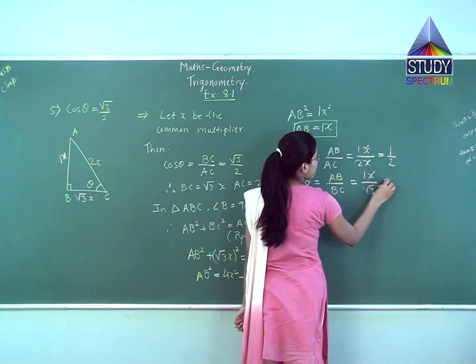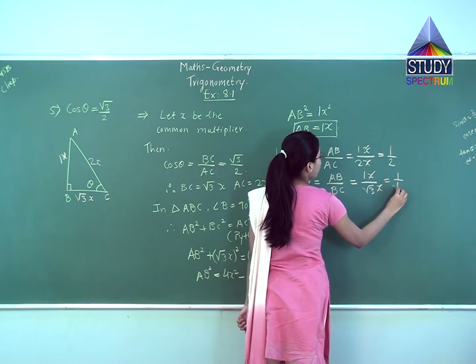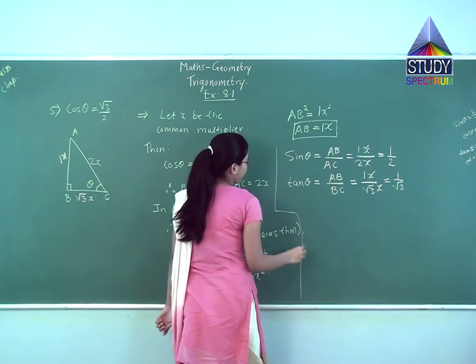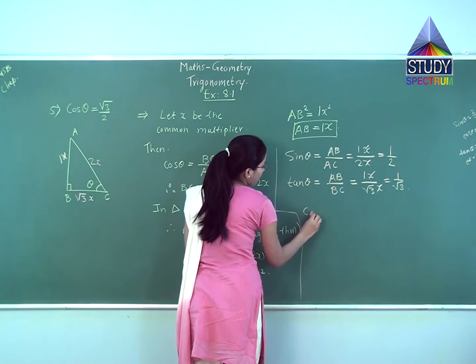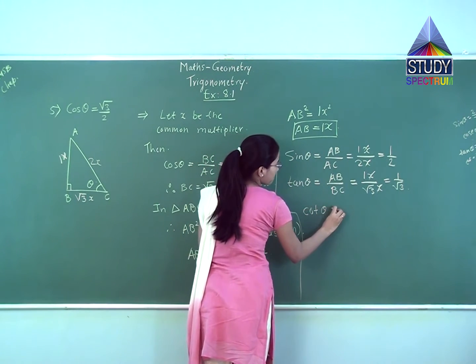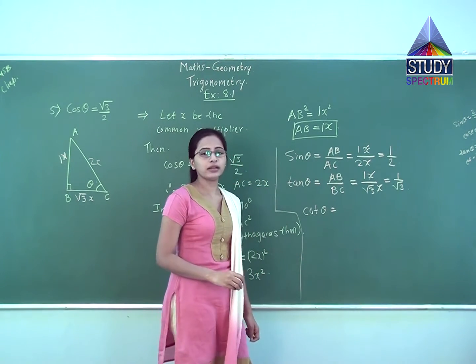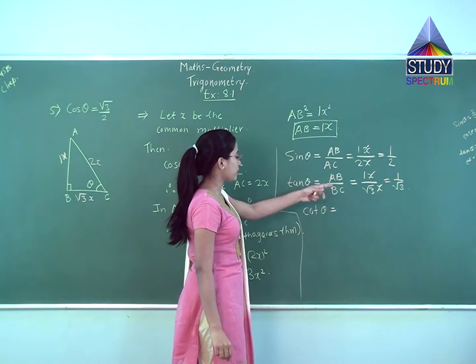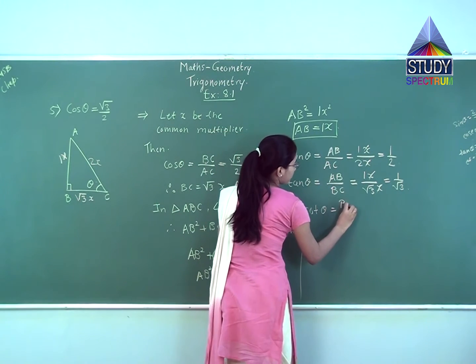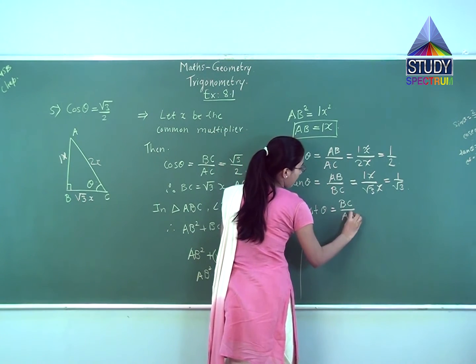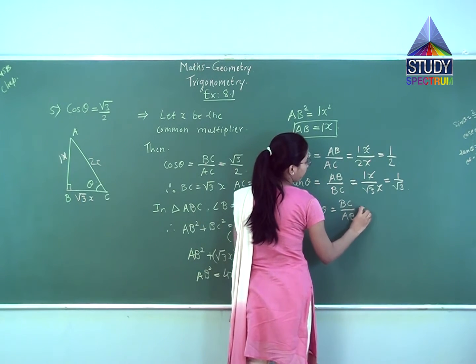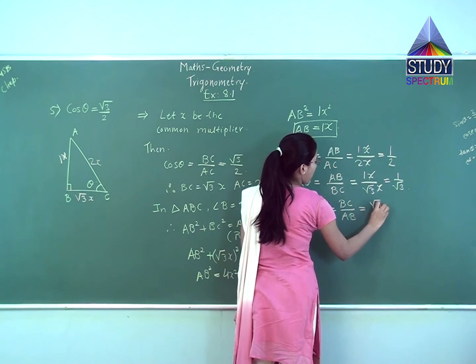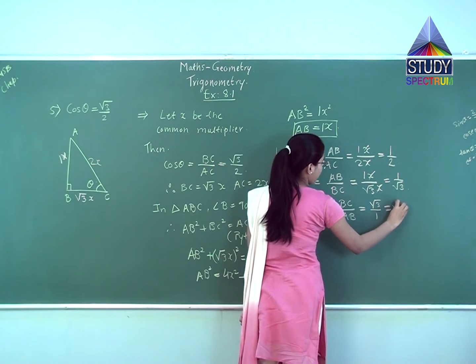X gets cancelled, so 1 upon root 3. Then cot theta. Now no need to look at the figure and write the names of the sides. We will just reverse tan. So BC upon AB, so root 3 by 1, which is actually root 3.